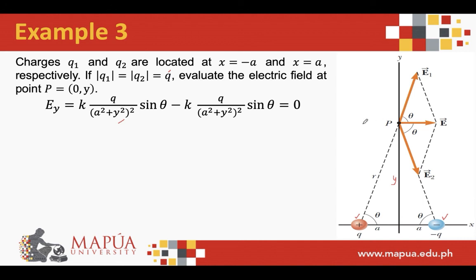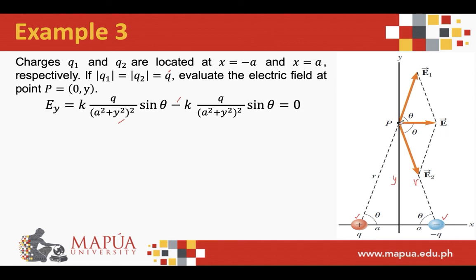For E2, this is negative, directed downward, so you have a negative sign here. Same charge Q, same angle, so sine theta multiplied by the charge Q, and the distance is also R. And as you can see, the sum would be equal to 0.